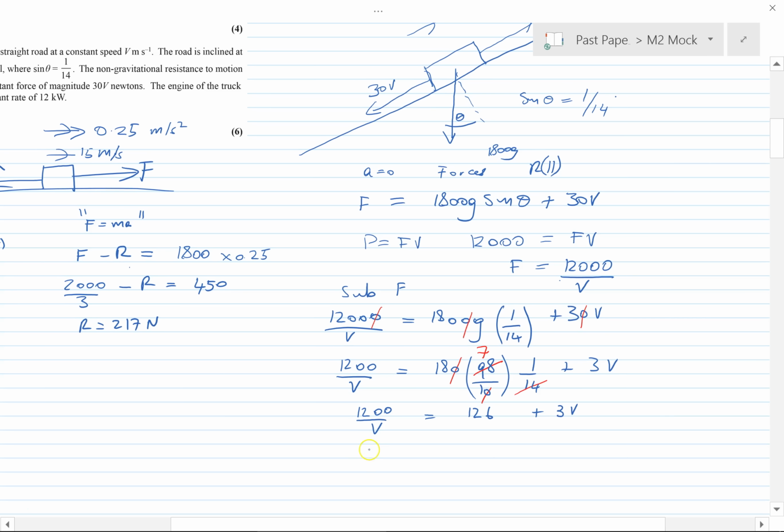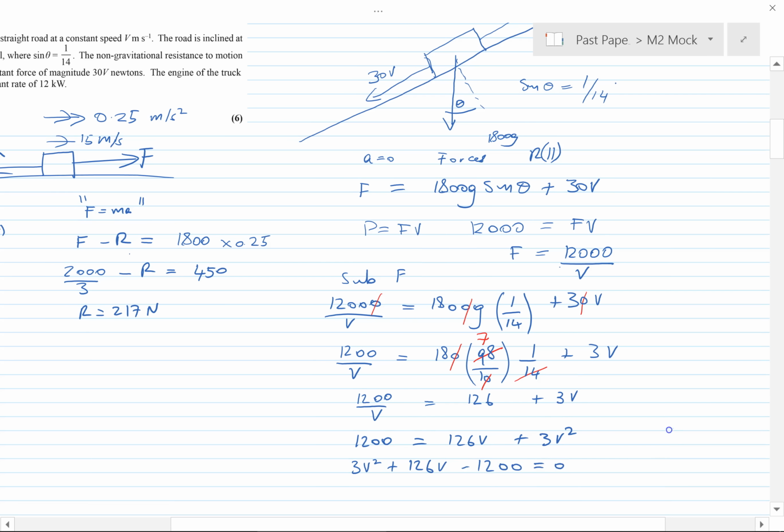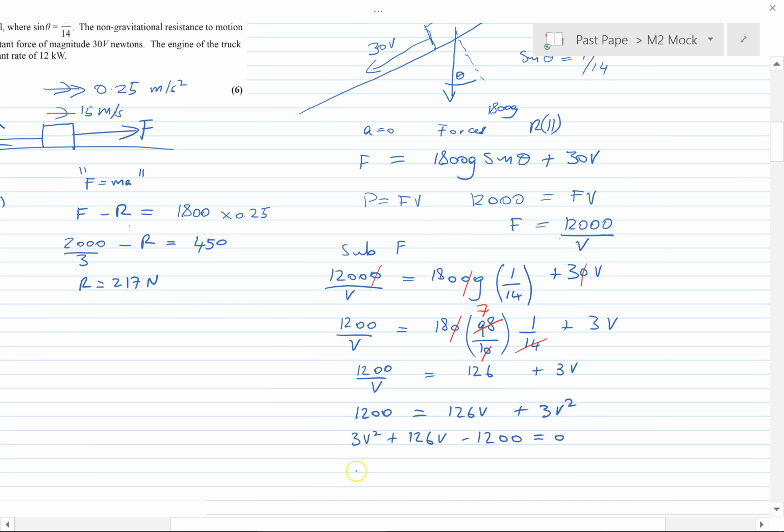So then we have 1200 is equal to 126V plus 3V squared, which gives us 3V squared plus 126V minus 1200 equals 0. Those all divide by 3, so that's V squared plus 42V minus 400 equals 0.